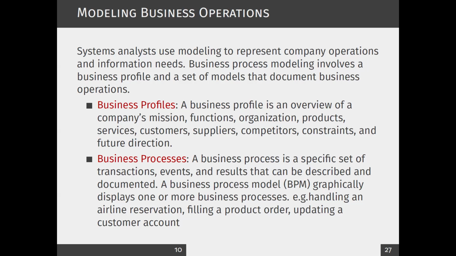They want to be the number one university in the country which offers cutting edge IT degrees for their students. So that could be one of the missions. So when you talk about the business profile of any organization, you can see the company's mission, their functions, organization, products, services, customers, suppliers, competitors, constraints, and future directions.